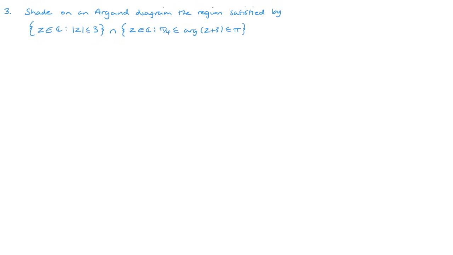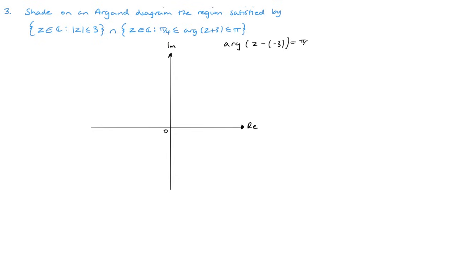Okay, so let me get the axes up. There we are. So arg of z plus 3, so it's going to be -3. That's what we're looking at, and we're going to do that equals pi by 4, and then we're doing arg z plus 3 equals pi.